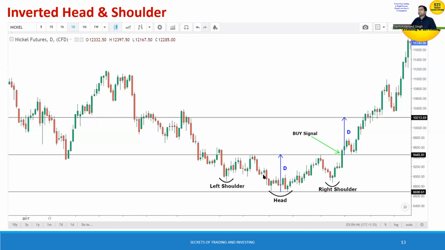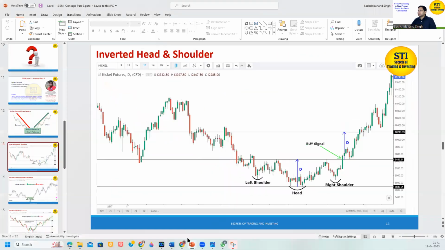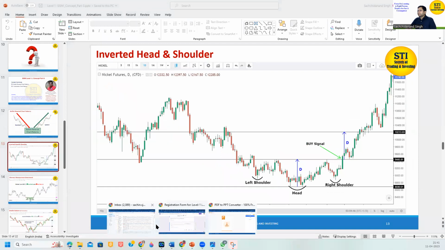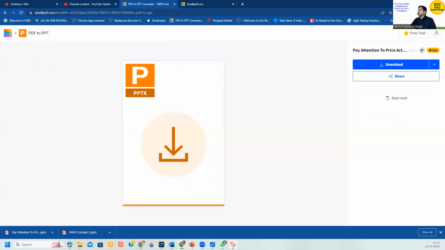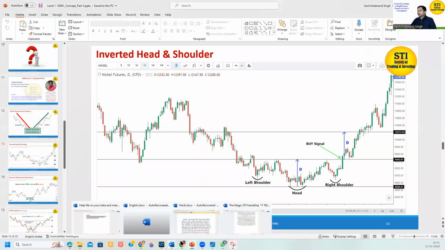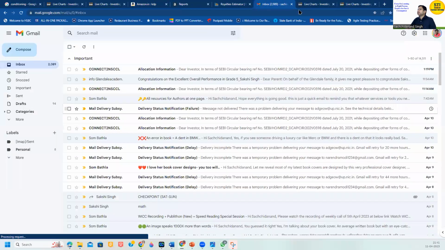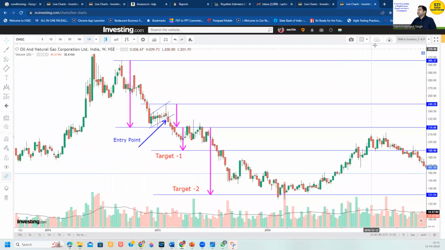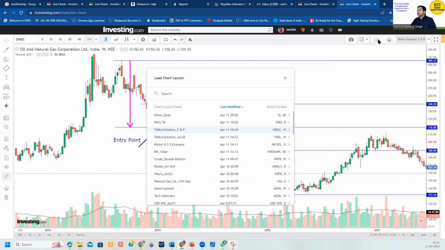So this is the example of nickel. Nickel is under the commodity section, like nickel, copper, gold or silver. So these are the commodity options. Let me show you in the real chart how it looks.